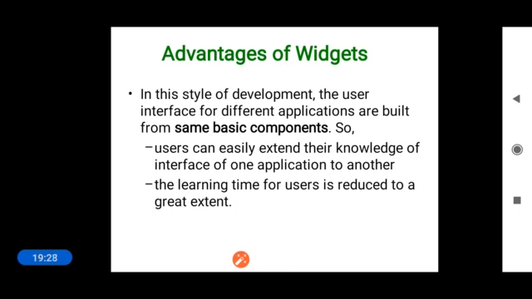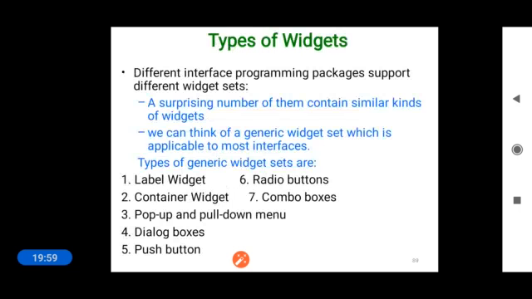If you are using a widget for developing the GUI of one application, and the same widget is used for the GUI of another application, then obviously, since they are the same, you will learn the next user interface much faster. Why? Because you are already habituated with the previous one. It also reduces the learning time.